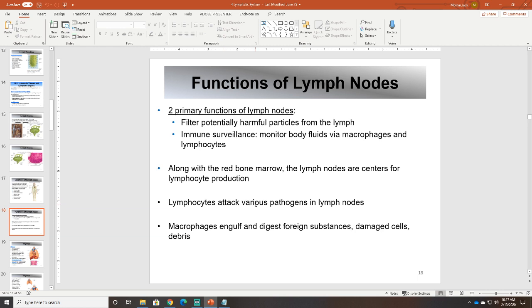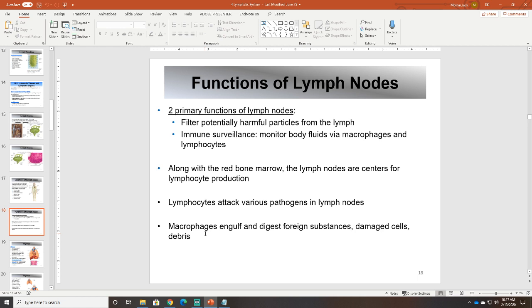So the lymphocytes we mentioned attack various pathogens. The T cells directly attack them. The B lymphocytes produce antibodies against them. And then we also have macrophages in the lymph nodes. Now, macrophages actually come from the monocytes, which are part of the myeloid stem cell line.